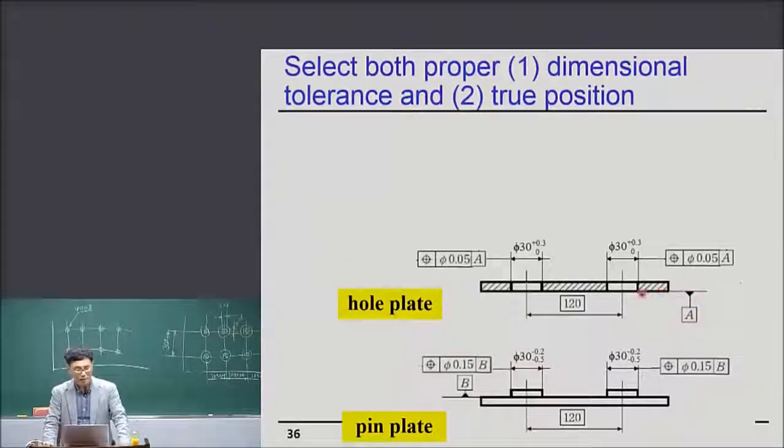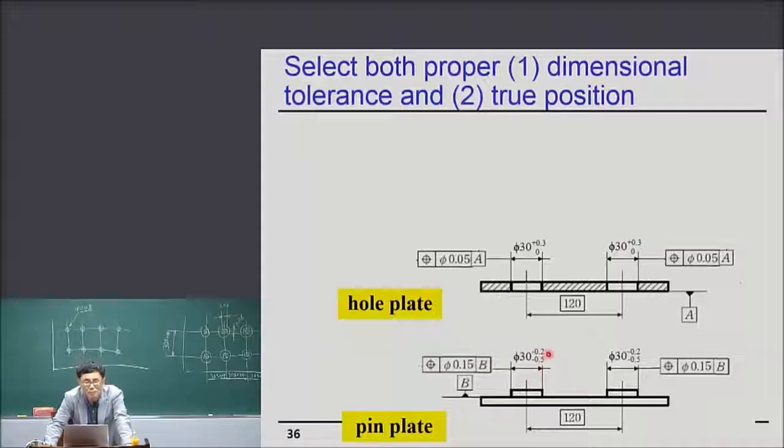So let's say, in my strategy, for the hole plate, maybe the accuracy should be higher. So maybe I can assign the dimensional tolerance lower limit 0, upper limit plus 0.3. And for the pin plate, the pin is a shaft, so it should be smaller than the nominal dimension.